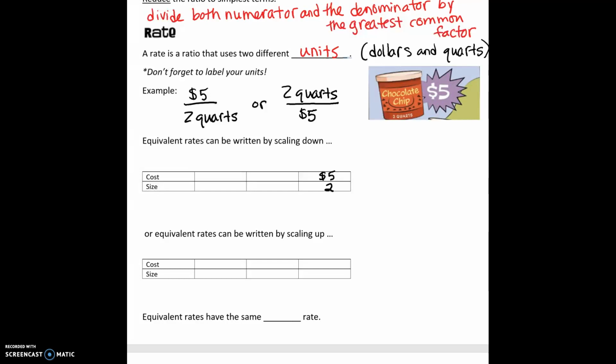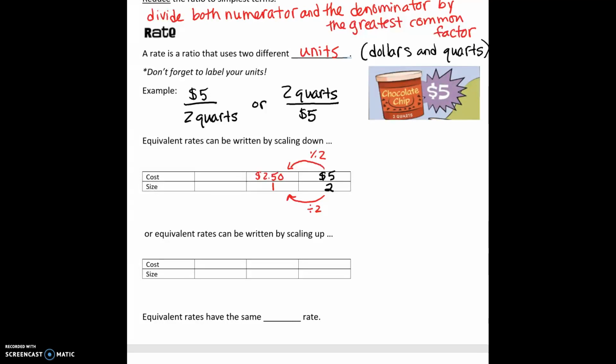Now, we can scale this down by cutting this number in half. When I cut something in half, I'm actually dividing it by 2. When I cut 2 in half or divide it by 2, I end up with 1. So I have to do the same thing with the cost, $5, and if I cut that in half or divide it by 2, I have $2.50.